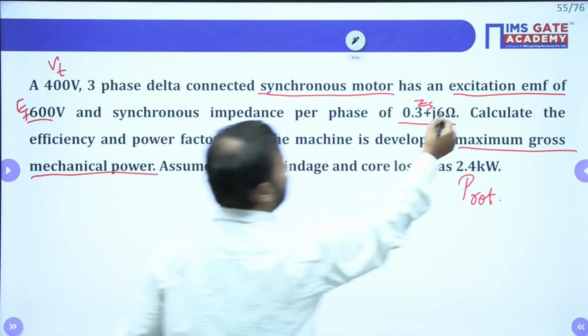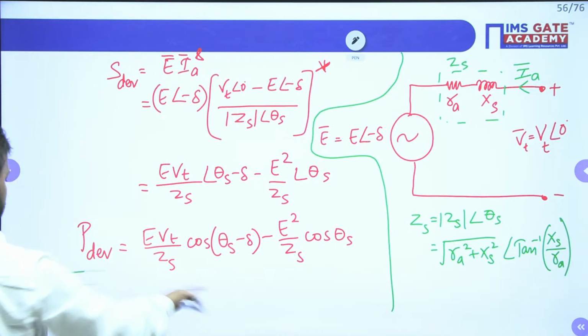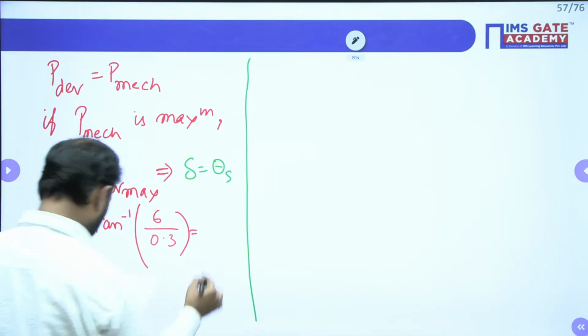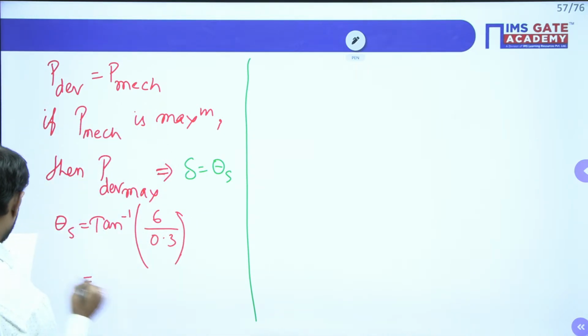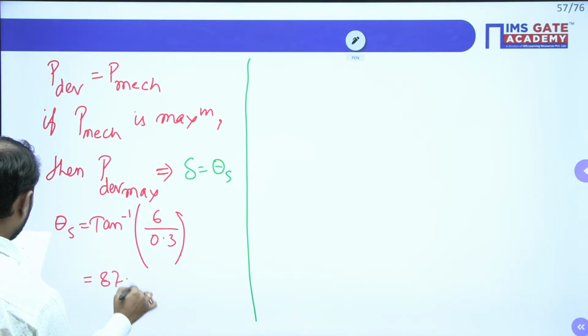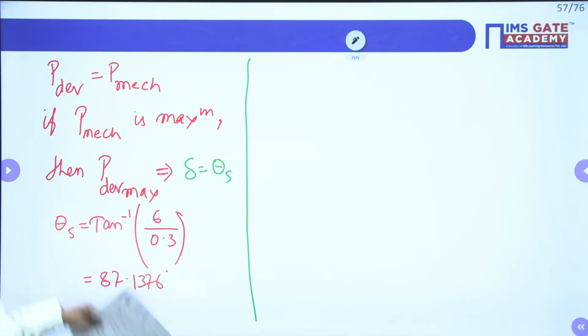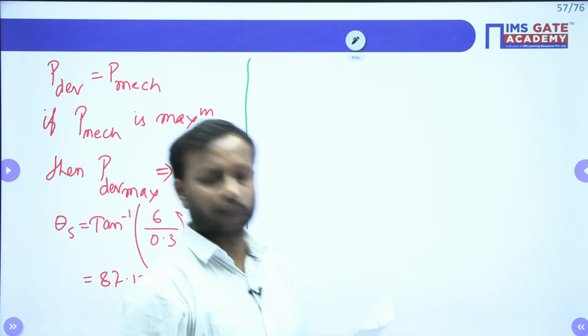This is XS and this is RA: 0.3 plus j6. So tan inverse of 6 divided by 0.3 is equal to 87.1376 degree. So at this load angle, your synchronous machine will develop a maximum power.